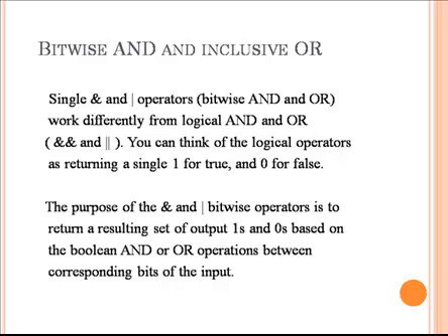Logical AND is represented with 2 ampersand symbols and logical OR is represented with 2 vertical bars. Whenever you are using logical operators, the output will be a single value, that is true or false, or 1 or 0.